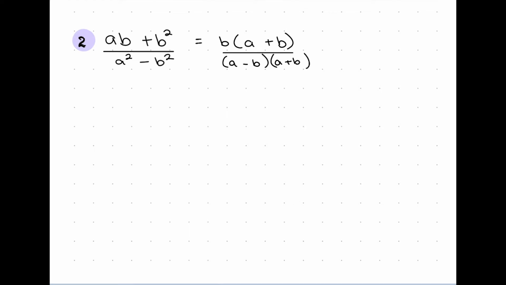Once again, here we have multiplication of a plus b on the top, and it's multiplied in on the bottom. If it's on the bottom, it's dividing, and if it's dividing and multiplying, well, those are going to drop out. They're doing and undoing. So we're just left with b on the top and a minus b on the bottom.